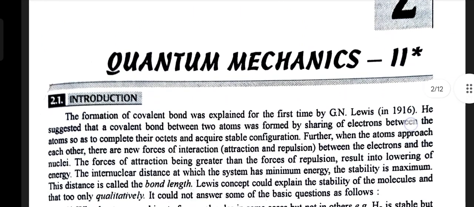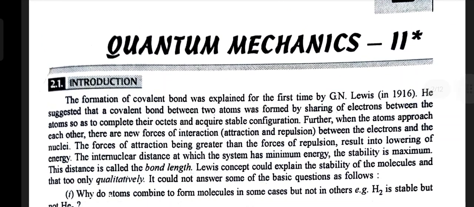First, introduction. The formation of the covalent bond was explained for the first time by Gilbert Lewis in 1916. He suggested that a covalent bond between two atoms is formed by sharing of electrons between the atoms so as to complete their octets and acquire a stable configuration.